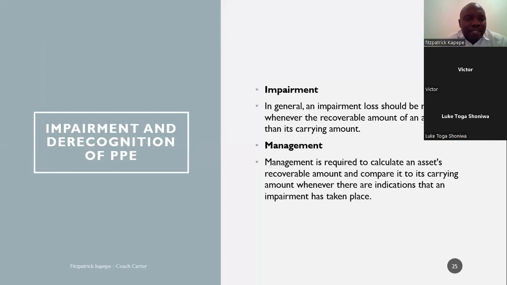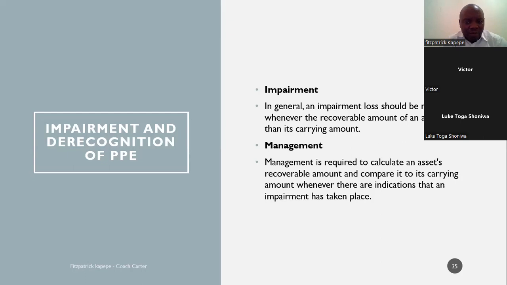Okay, so on impairment and the derecognition of property, plant and equipment, we did look at a question on impairment. In general, an impairment loss should be recognized whenever the recoverable amount of an asset is less than its carrying amount.